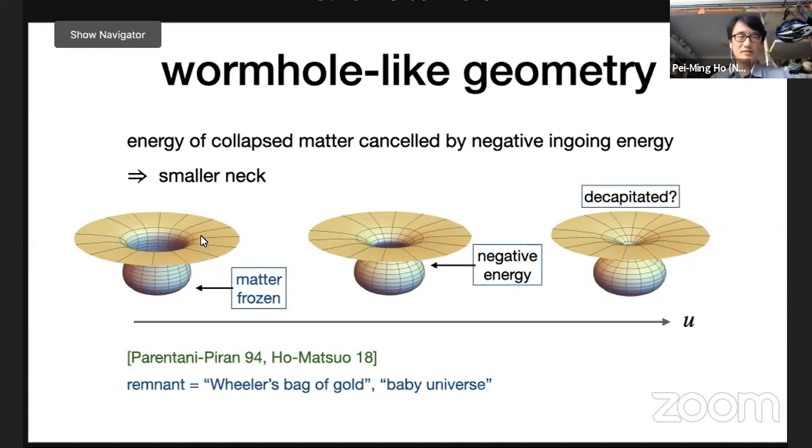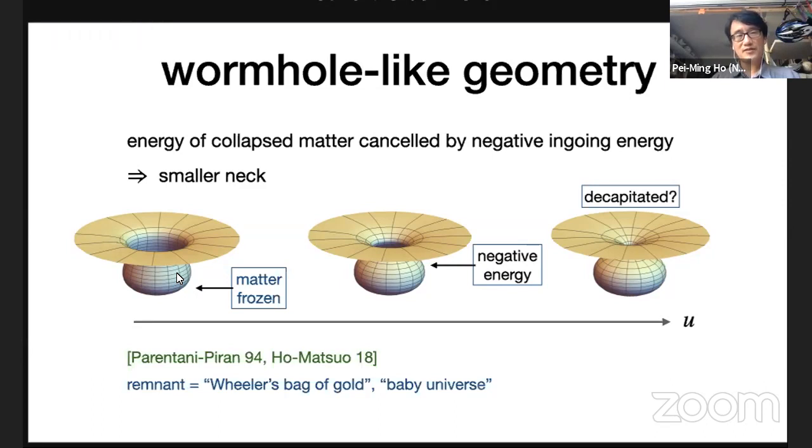And so the conventional model is like this. You have negative energy flowing into the horizon. You have the energy of the matter here, and more negative vacuum energy flows into the horizon, so that from the viewpoint of an outside observer, the total energy behind the trapping horizon is smaller and smaller.